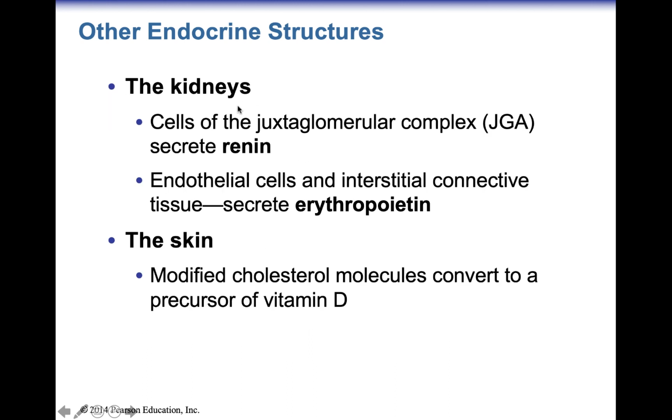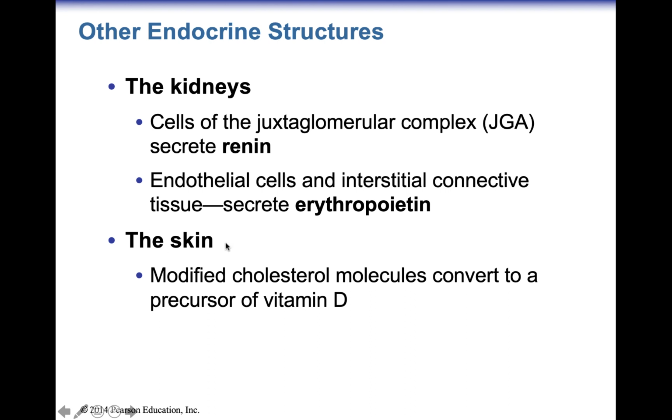The kidneys make an enzyme called renin, and renin helps to regulate the production of the hormone aldosterone. The kidneys also make a hormone called erythropoietin. Erythro, we've seen that word, erythrocyte, which is red blood cell. Erythropoietin is a hormone that stimulates production of red blood cells.